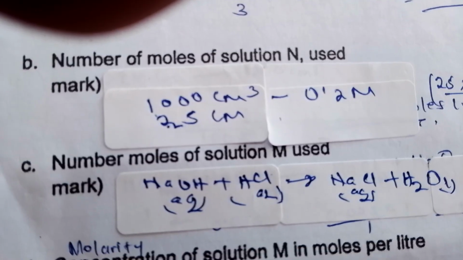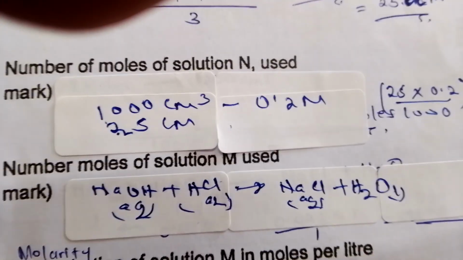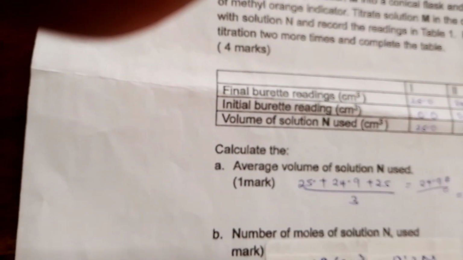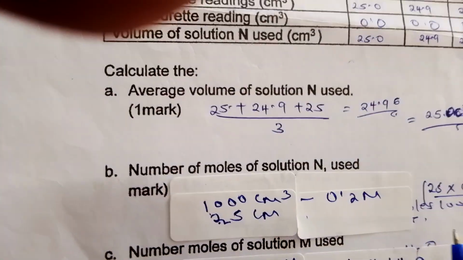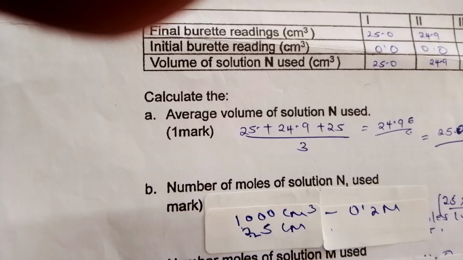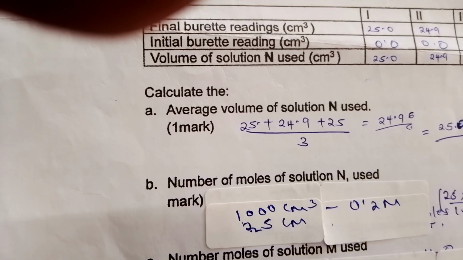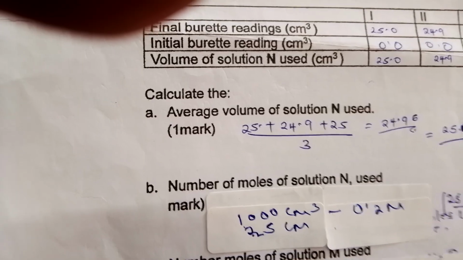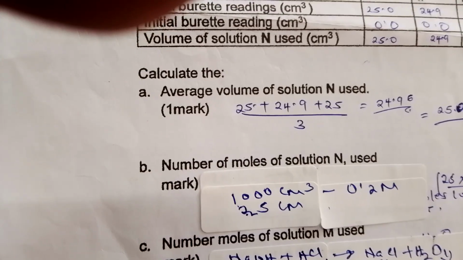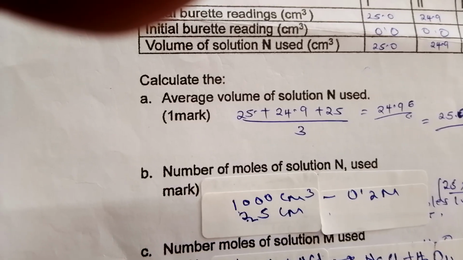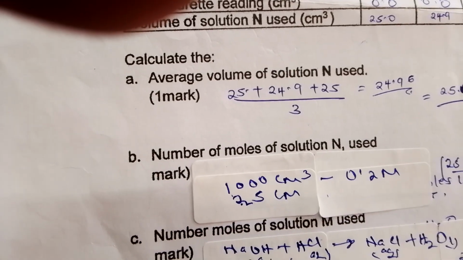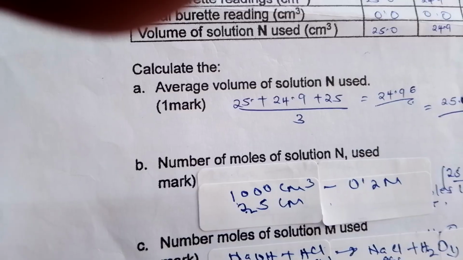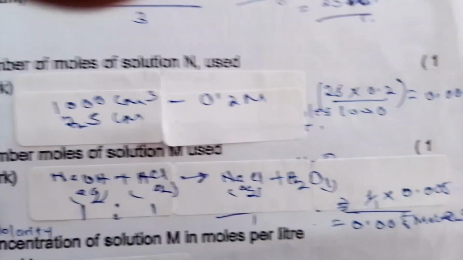The number of atoms on the product side and the reactant side are okay. So the mole ratio is 1:1. Since we found the number of moles of sodium hydroxide as 0.005, we just take 1/1 times 0.005, which is 0.005 moles. Since their mole ratio is the same, the number of moles are also going to be the same.